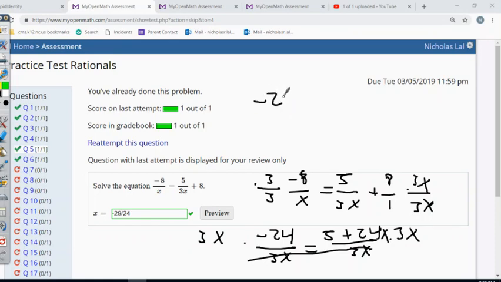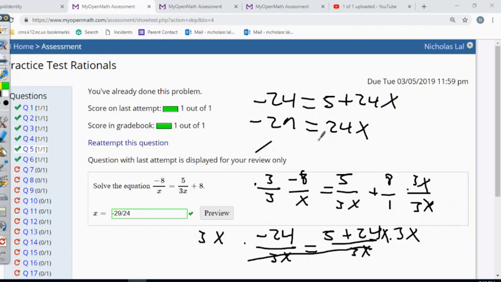Subtract 5 from each side, negative 29 is equal to 24x. And then divide each side by 24. X is equal to negative 29 divided by 24. So you just divide by 24 on each side to isolate x. Negative 29 divided by 24.